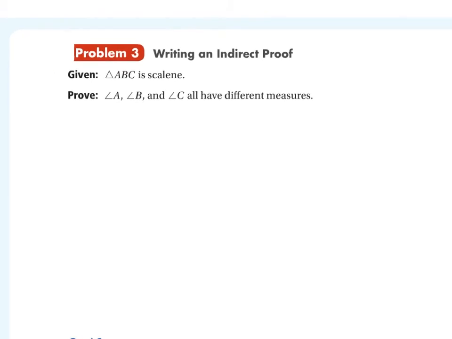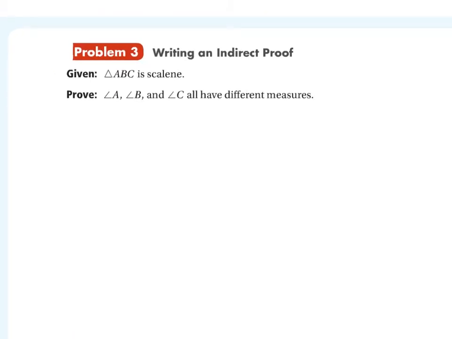All right, so here we're going to write an indirect proof. Given that the triangle is scalene, we're going to prove that angles A, B, and C have different measures. We're going to start this proof by assuming that what we're trying to prove is not true. So we're going to try to prove this by contradiction.